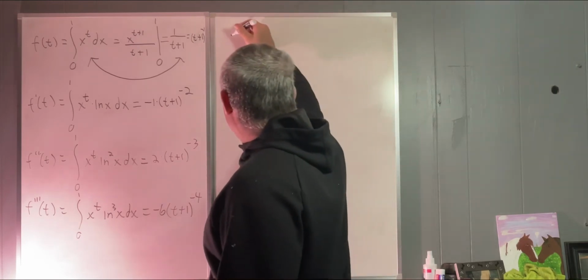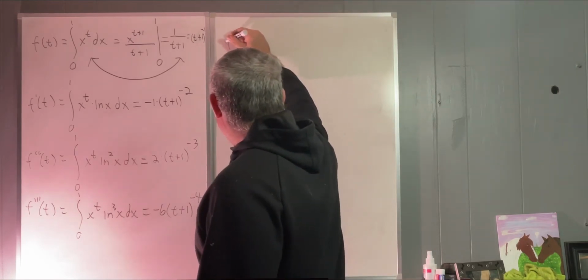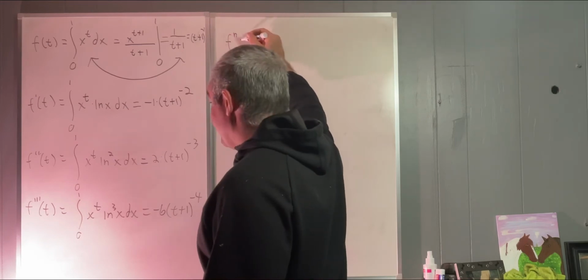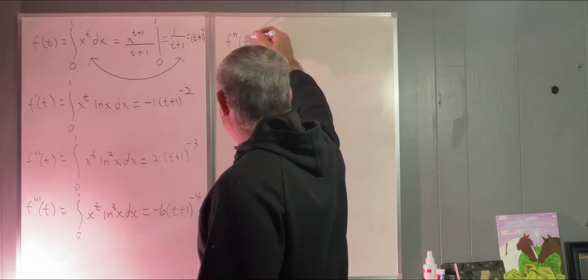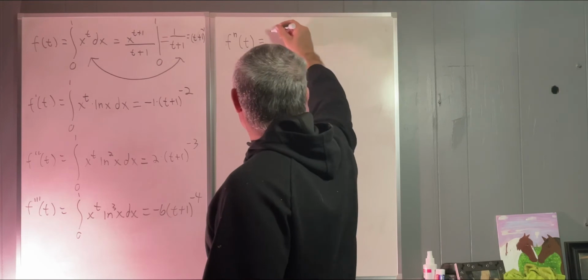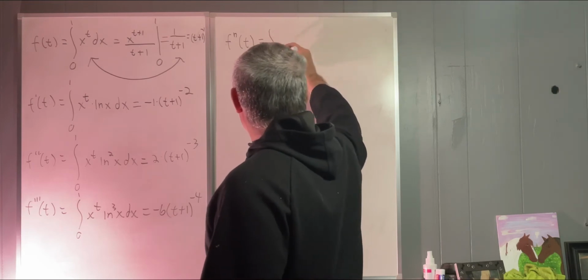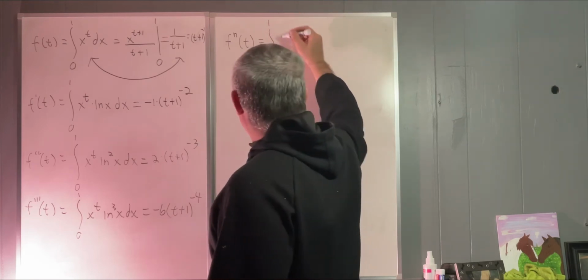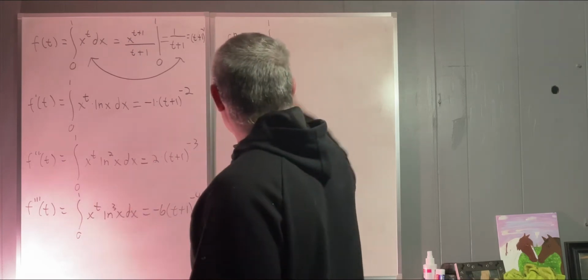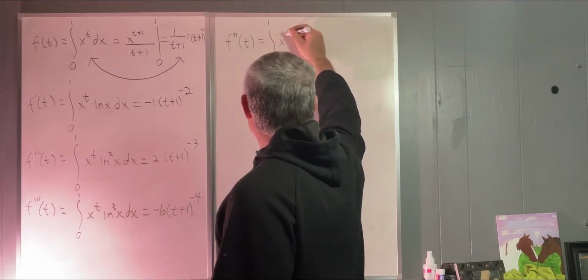So we can say that the nth derivative of our function of t is equal to the integral from 0 to 1 of, well, the x to the t never changes, so that's just going to stay x to the t.